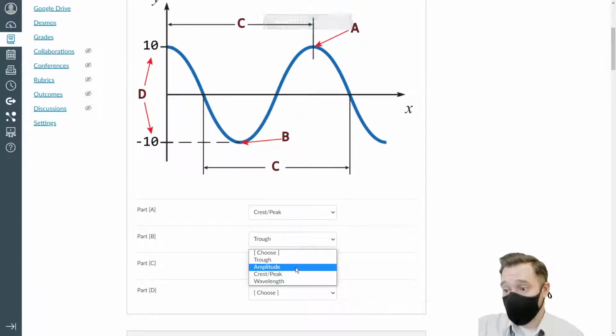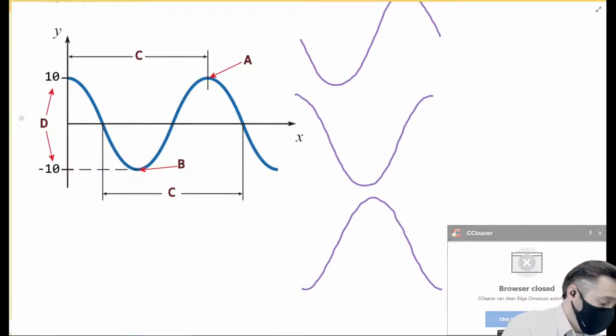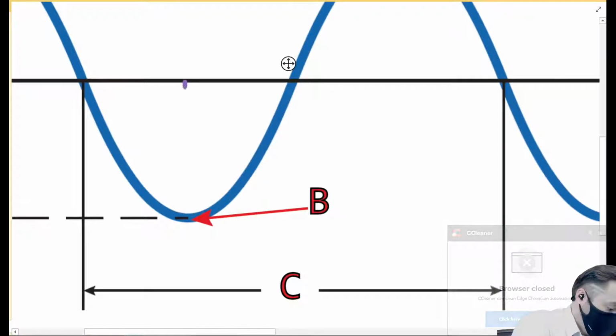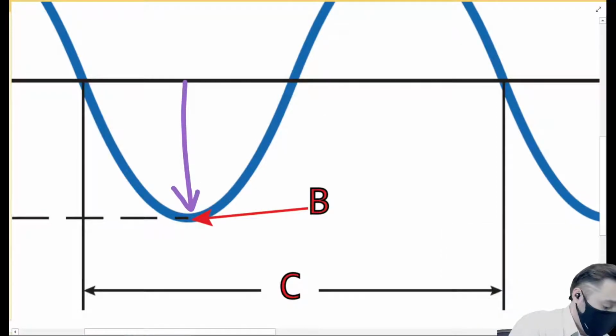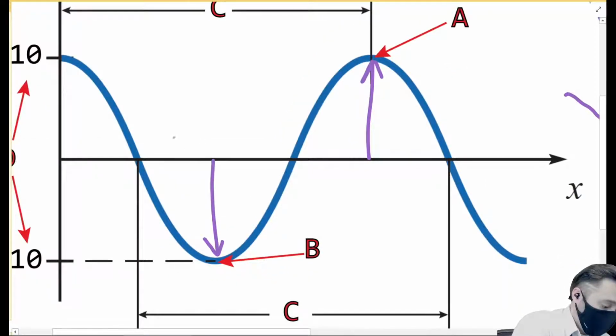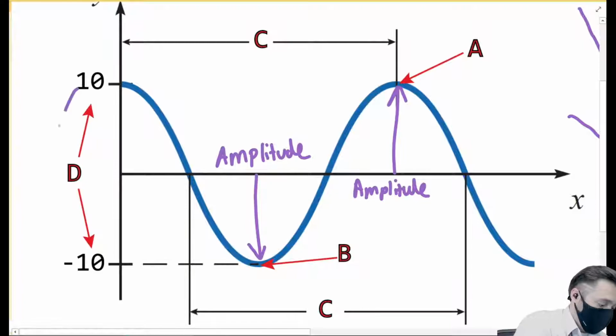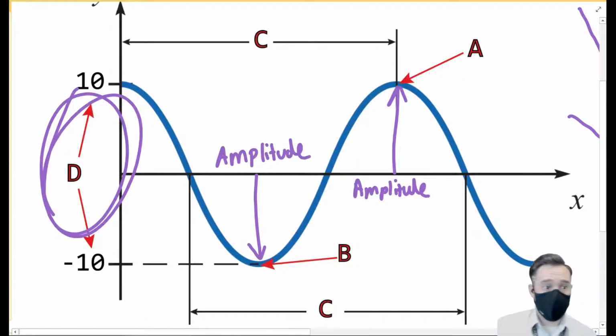Because remember, the amplitude is literally the distance from the midline to either the trough or to the peak. So this would be the amplitude. And that's what D represents. Cool.